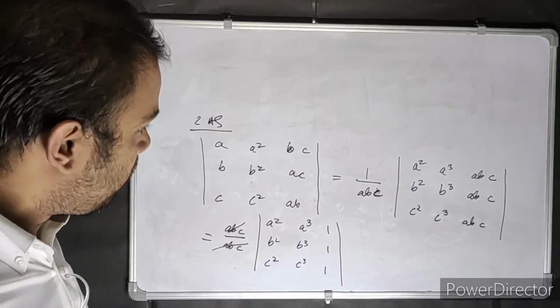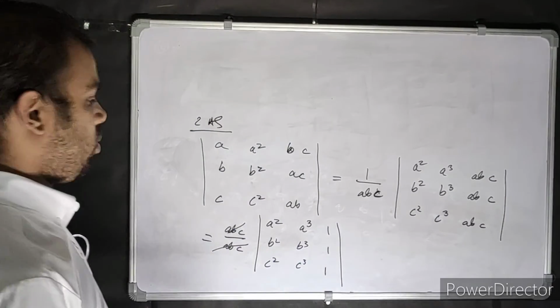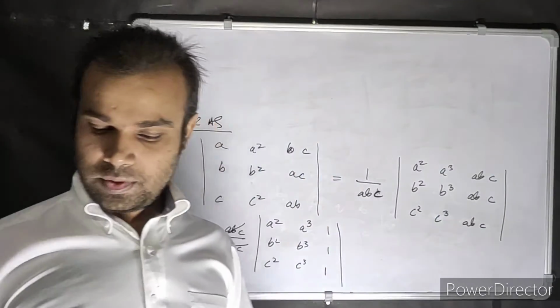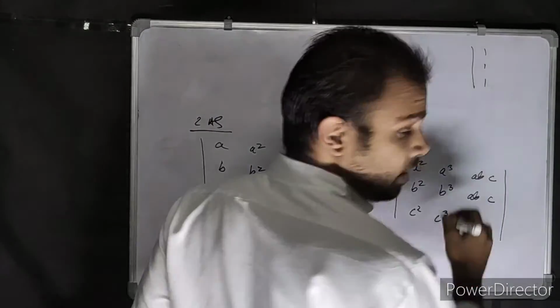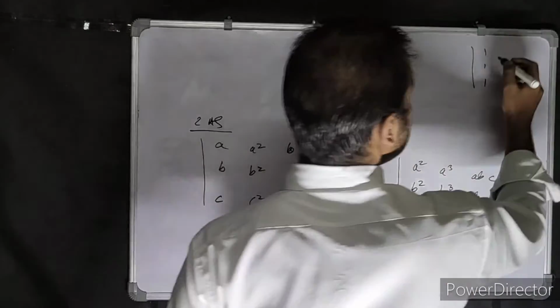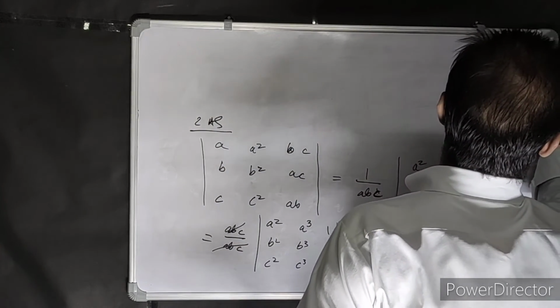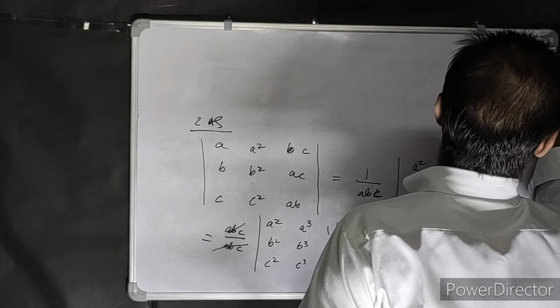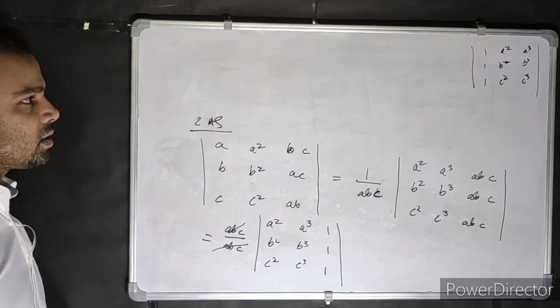Now you interchange. So what was I supposed to prove? I was supposed to prove 1, 1, 1; then a square, b square, c square; and a cube, b cube, c cube. This is what I am supposed to prove. So actually it's done.